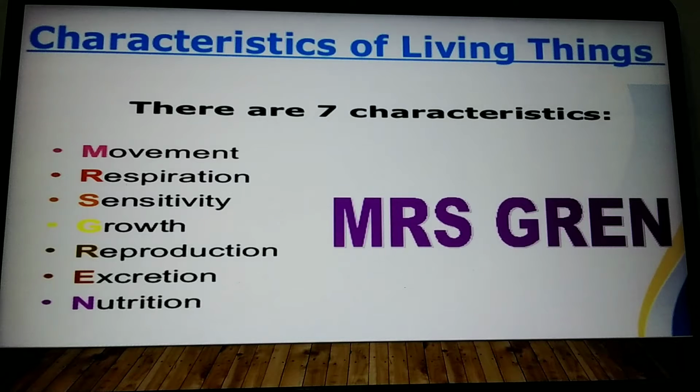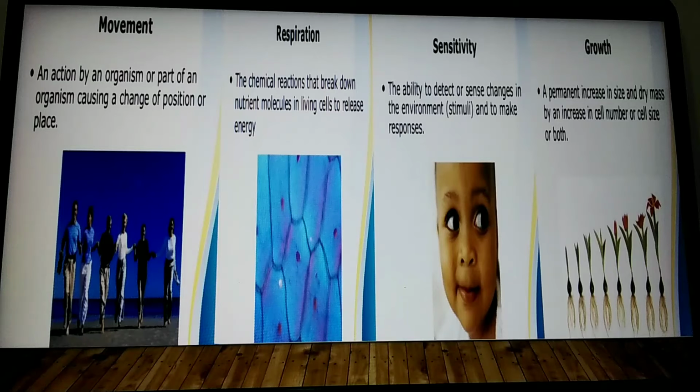Now coming to the characteristics of living things, there are mainly 7 characteristics: movement, respiration, sensitivity, growth, reproduction, excretion, nutrition. Movement: the action by an organism or a part of an organism causing a change of position is called movement. That means displacing from one place to another is movement, which is biologically called locomotion.